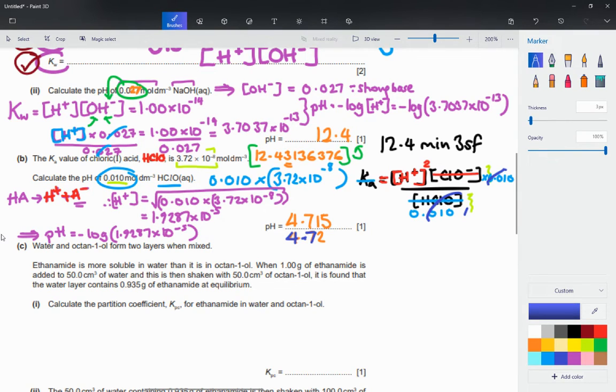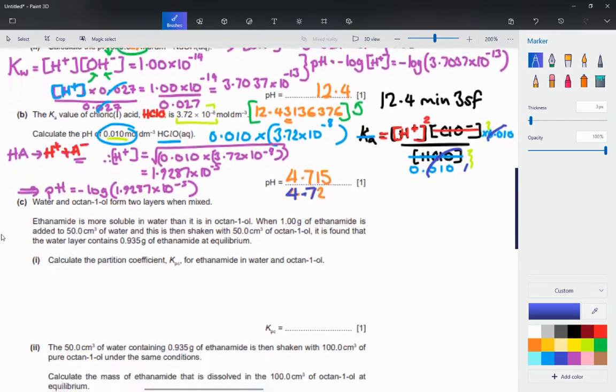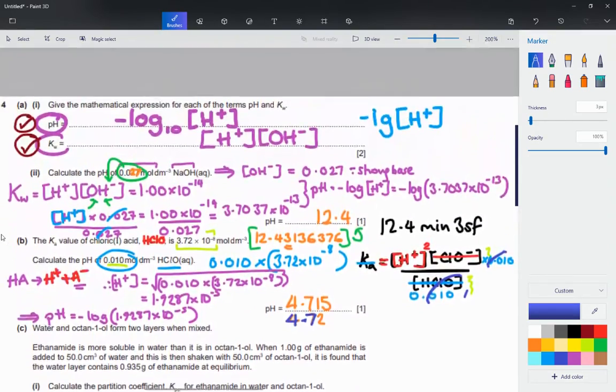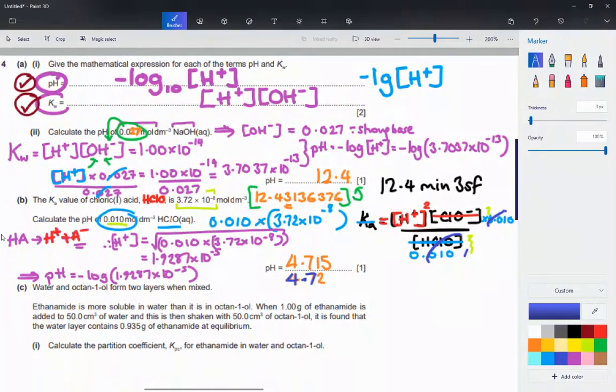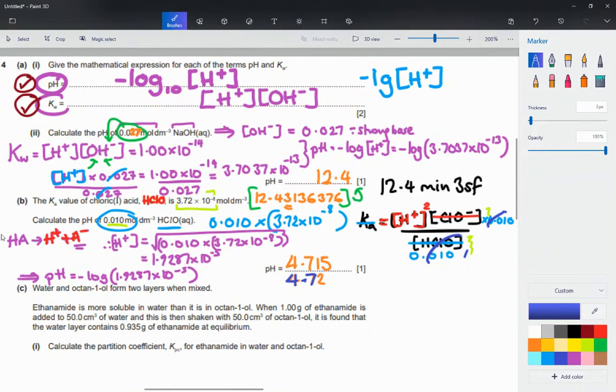All right. Okay. So now I'm going to move on, and the question does move on. So I'm just going to scroll back over here. So it's really, really important. Please make sure that you memorize this equation over here. Okay. Minus log to base 10.